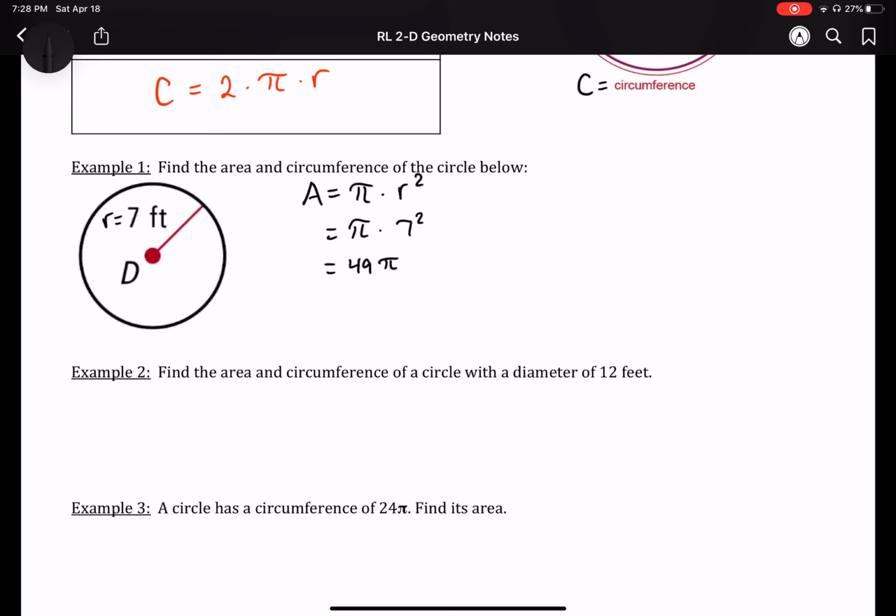However, unless it says to answer in terms of pi, you want to write it as a decimal, and you want to make sure you're giving me at least 2 decimal points, which would mean that you're rounding to the nearest hundredth.